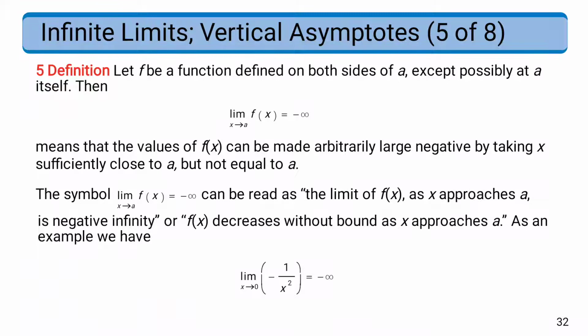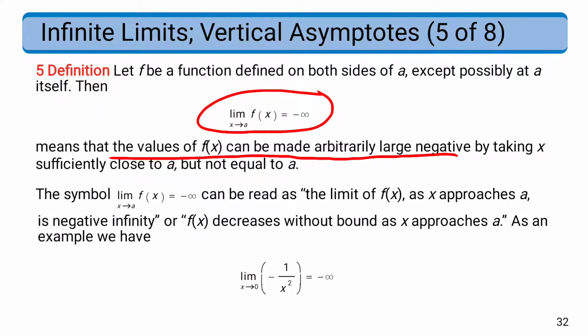We can give this definition: let f of x be defined on both sides of a, and we don't mind what happens at x equal to a. What we are saying is that the limit of f of x is minus infinity as x goes to a, which means the values of f of x can be made arbitrarily large negative by taking values of x which are very close to a.